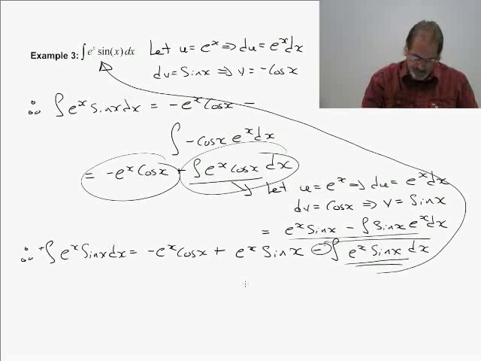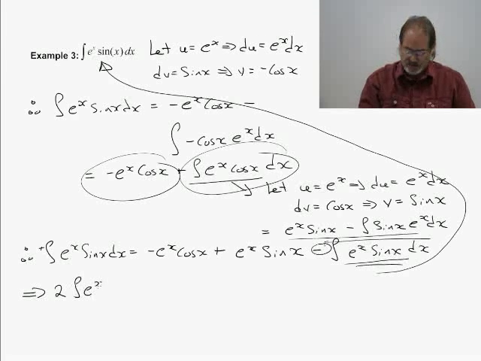And when I do that, this will give me 2 times the integral of e to the x sine x dx equals, if I factor out the e to the x here on this one, e to the x times sine x minus cosine of x.